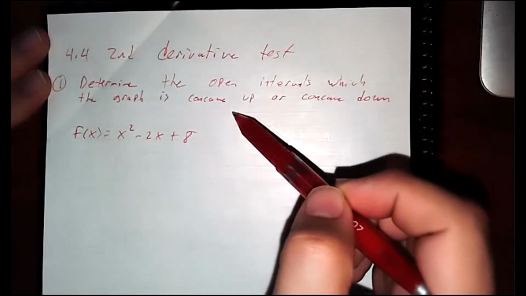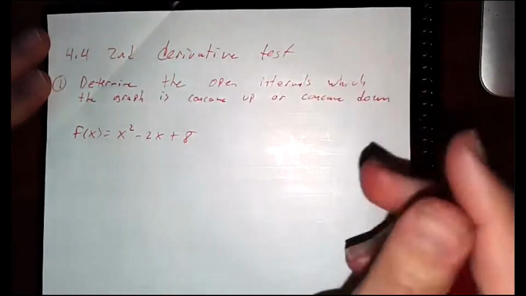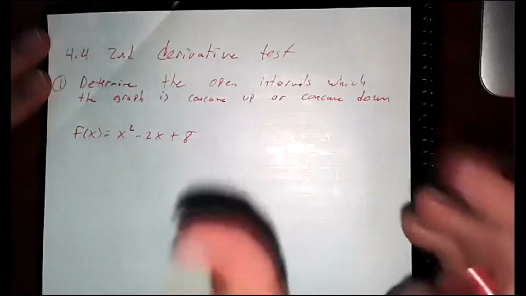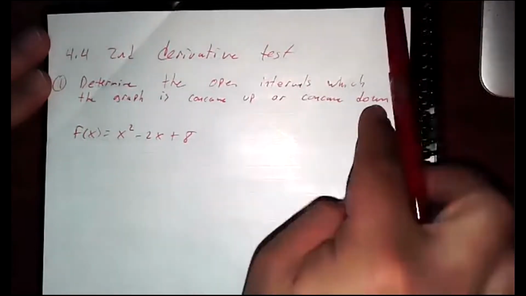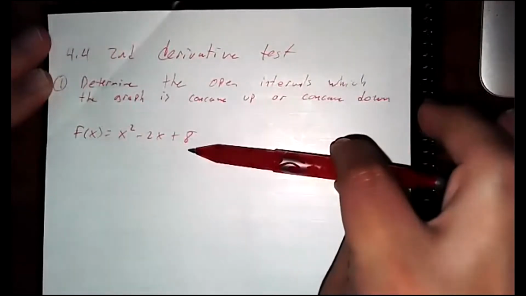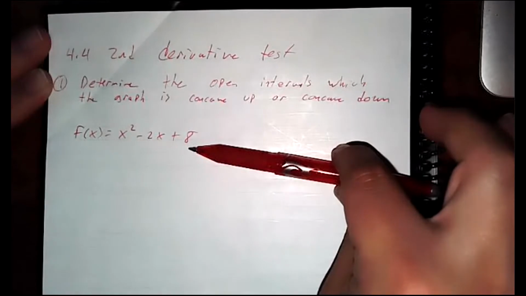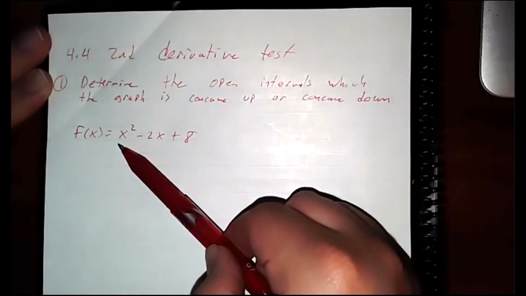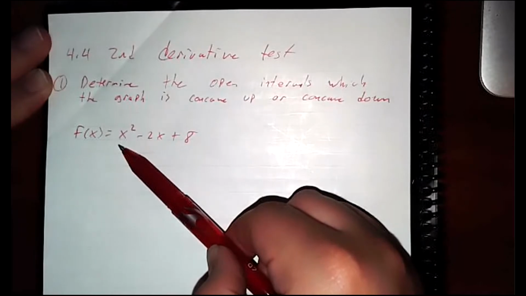Concave up would be facing upward, and concave down would be opening down. But we know this is a parabola, and it's positive. So which way is it opening? Up.